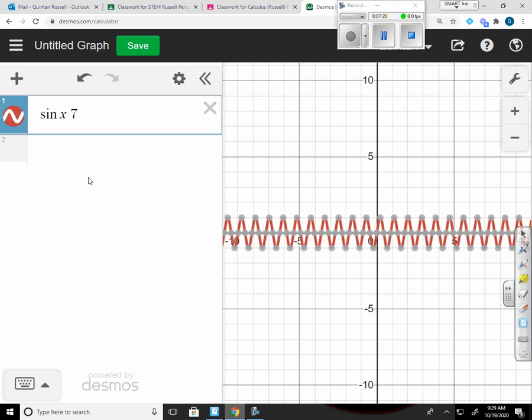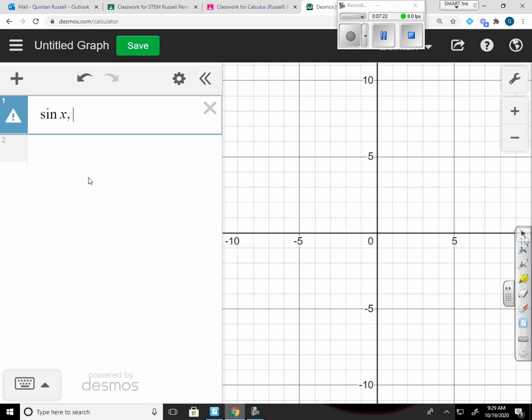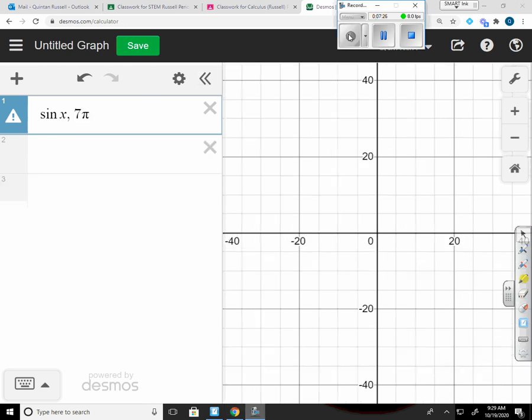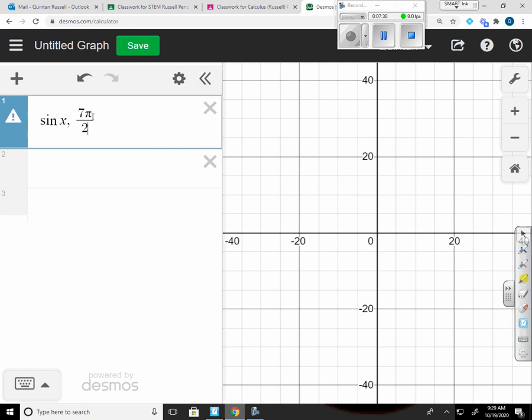Do a comma, 7 pi over 2. Then less than or equal to. If you just push the less than or equal to on the keyboard, it makes it into the right sign. X less than or equal to 7 pi.